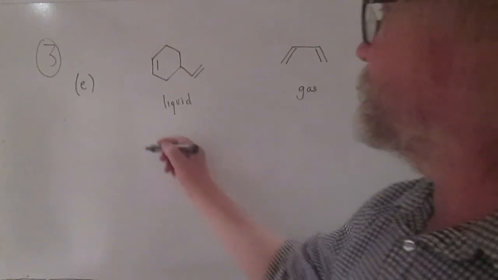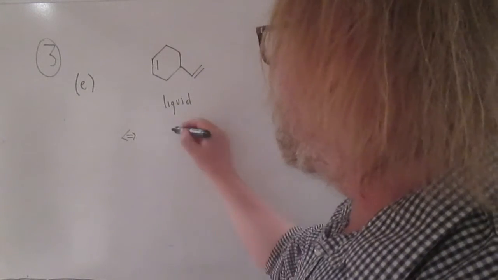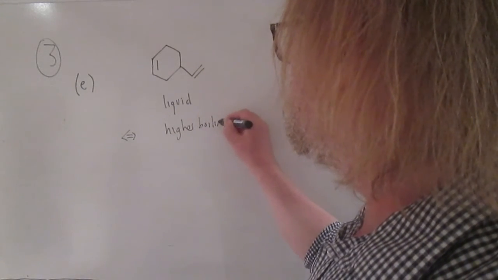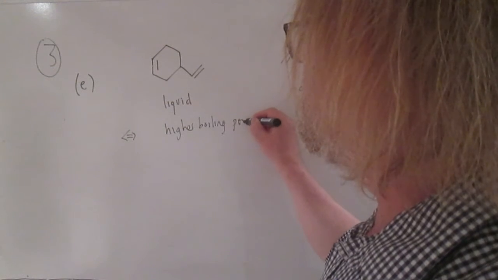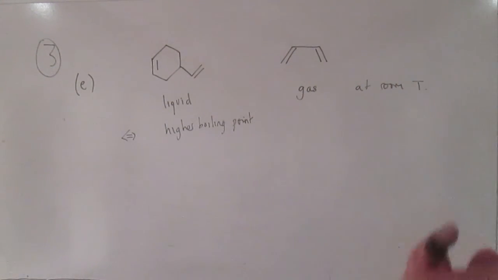So that's equivalent to saying that this has a higher boiling point than buta-1,3-diene. And you have to explain that in terms of the energy required to break whatever forces have to be broken when you turn it from a liquid to a gas.